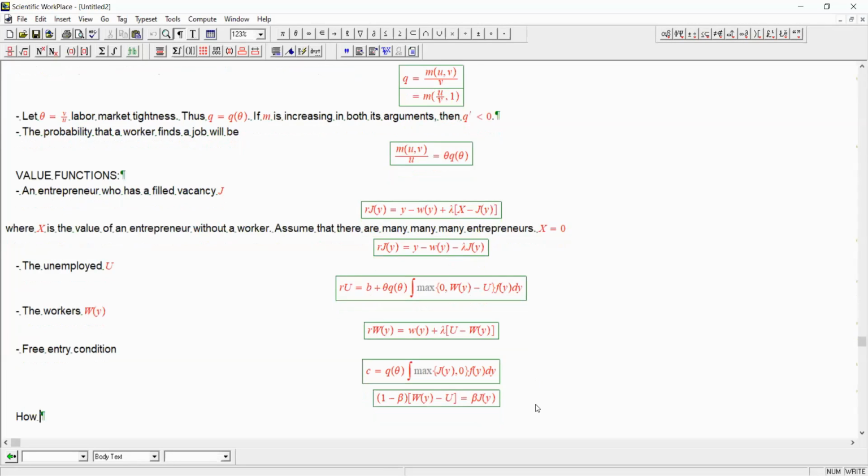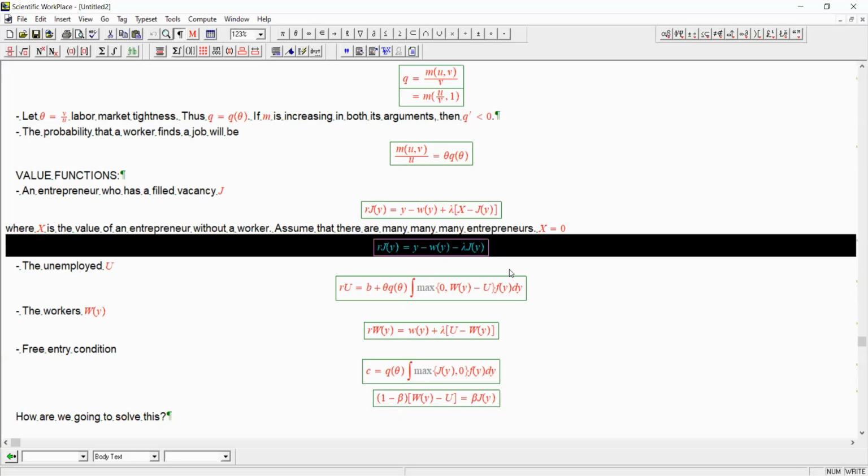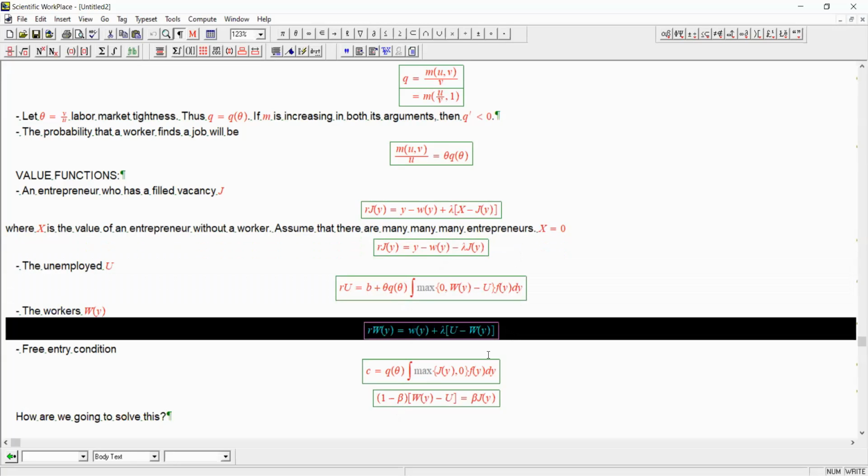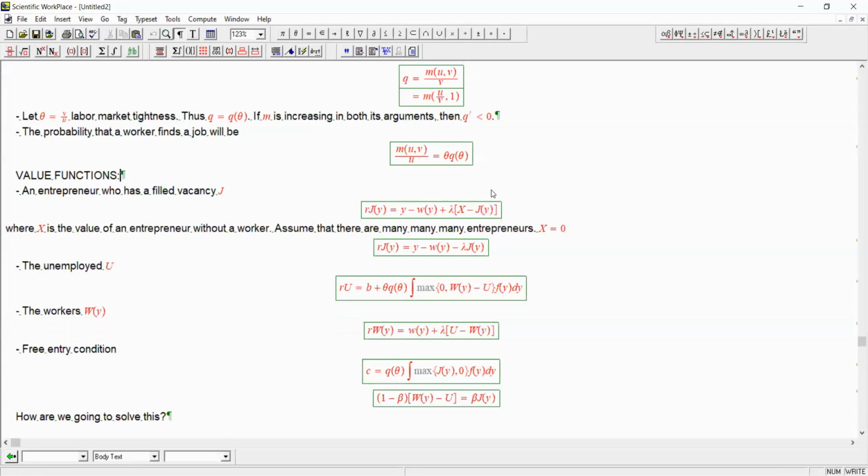So, how are we going to solve this? We're going to solve this by observing that most of these conditions here are in fact linear. There are several unknowns here.